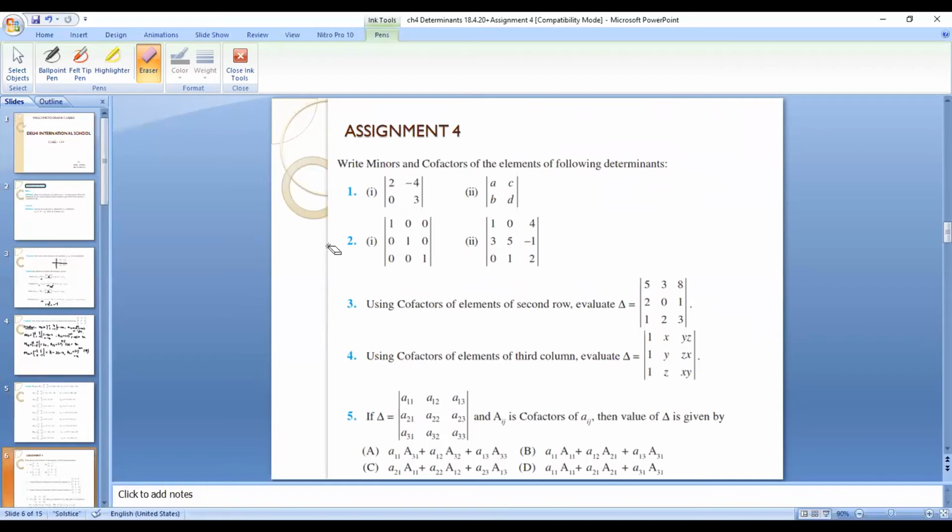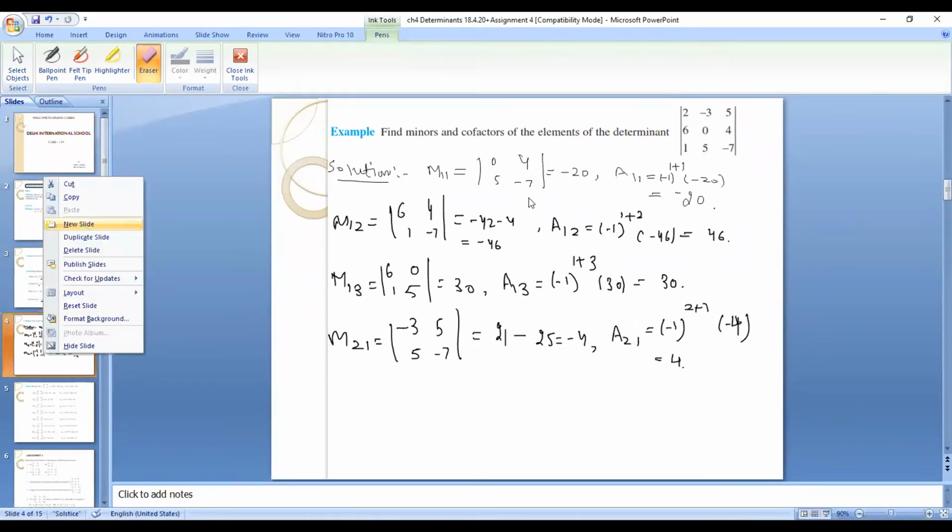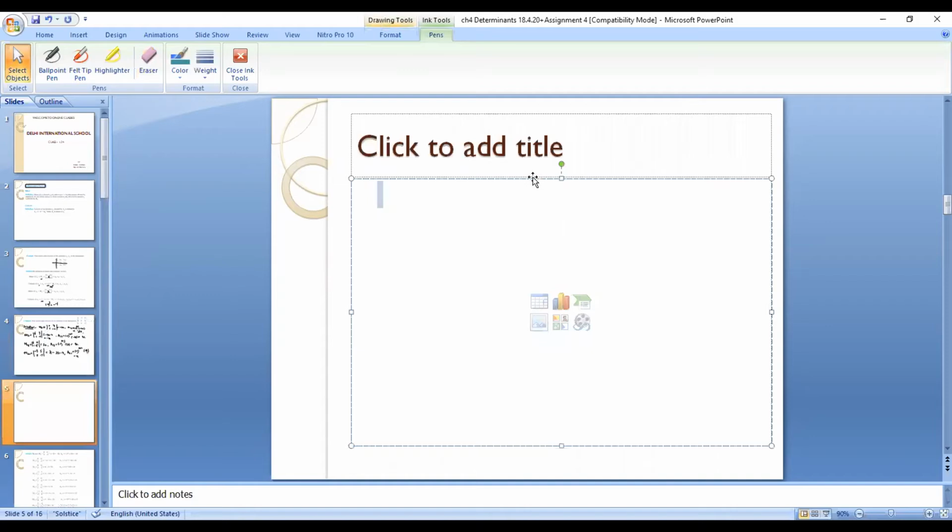Okay. I'll discuss minor and cofactor of a 2 by 2 matrix also. I haven't discussed. So let me insert one new slide. Okay, we will discuss how to find cofactor when the matrix is 2 by 2.